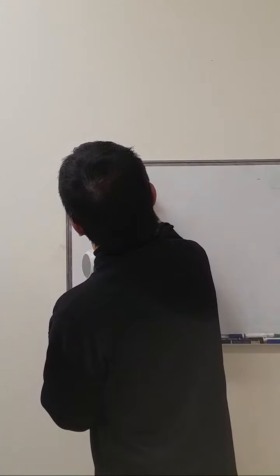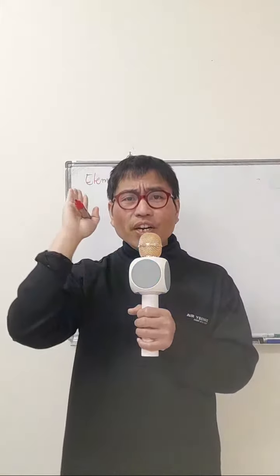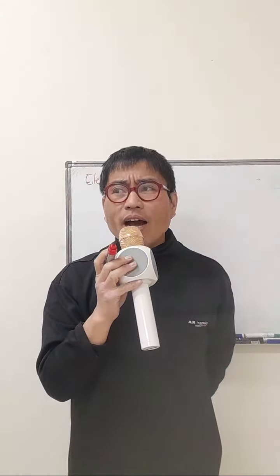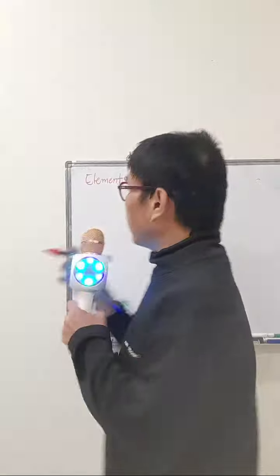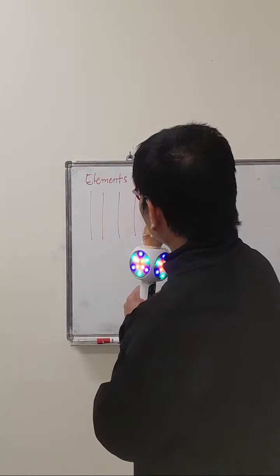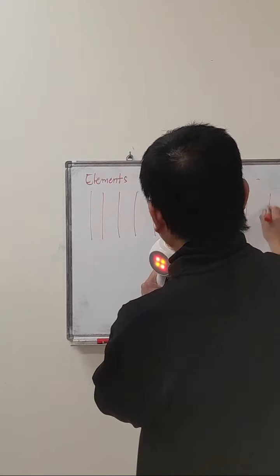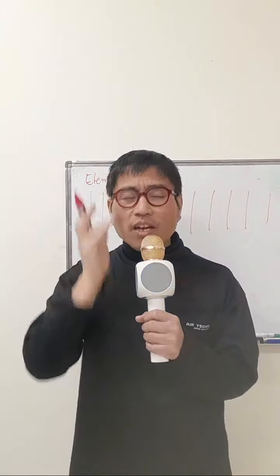Now we need to be familiar that there are periods, families, and groups. The columns are the groups in the periodic table.